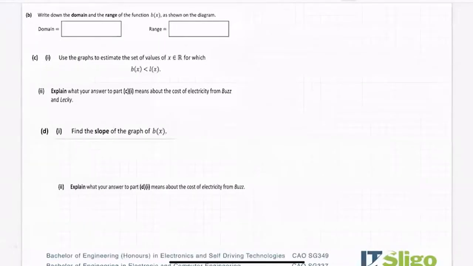Write down the domain and range of the function B of x as shown in the diagram. Okay, so the domain and range. Can you remember what they are again? Domain is the inputs or the x values, and range is the outputs, or that's how I remember them.